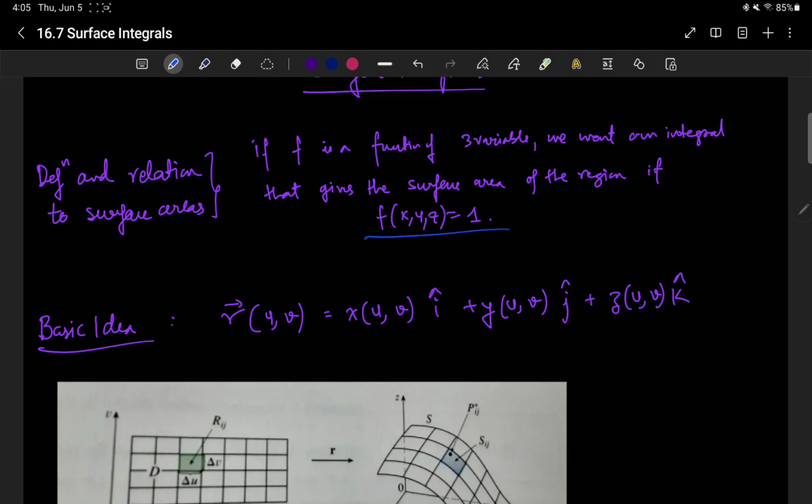So it's defined in sort of a backward fashion, in the sense that we're starting with the goal that, remember how if your function was 1 for line integrals, you got arc length. So here we want that if we have a constant function, that is a constant density distribution, then the double integral should give me the surface area of the region. That's the kind of integral we are trying to find, which we will call a surface integral.